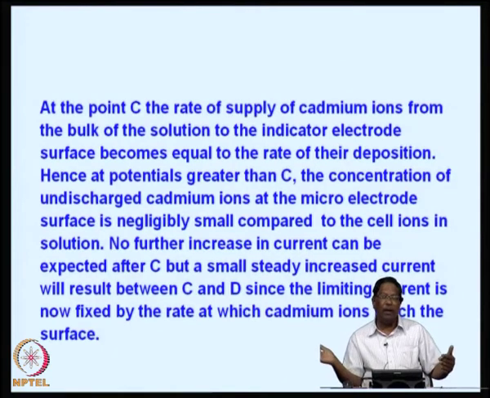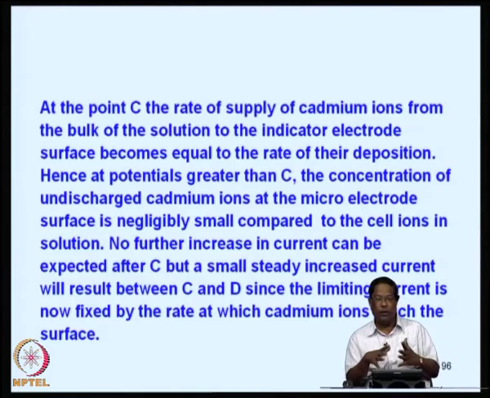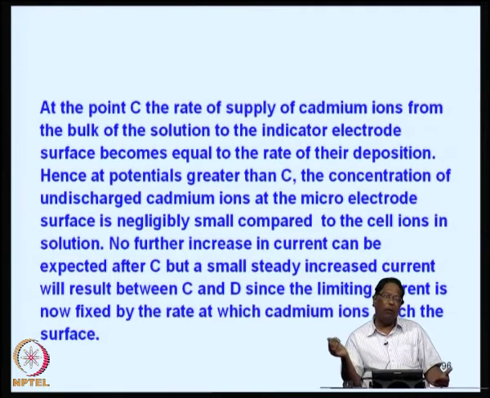That means the ions of cadmium are capable of reaching the electrode at a sufficiently fast rate and getting reduced also at the same rate.